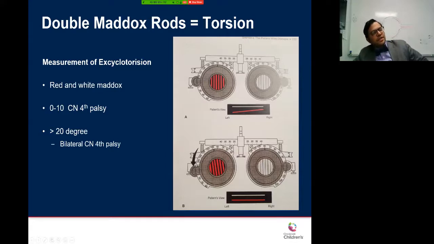Usually when you have a single fourth nerve palsy, you have anywhere from 0 to 10 degrees. Usually it's greater than 5 degrees of torsion. When you have bilateral fourth nerve palsies, it can be greater than 20 degrees of torsion, and you can do that separately for each eye, adding up each eye.